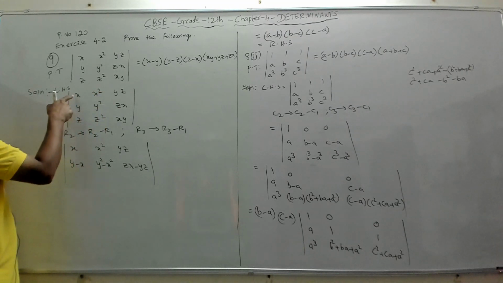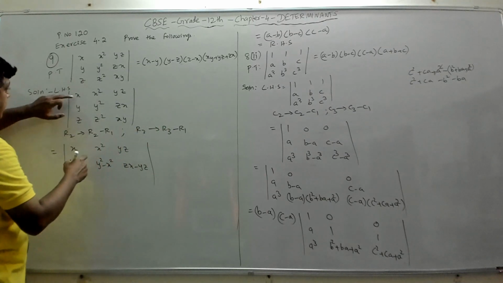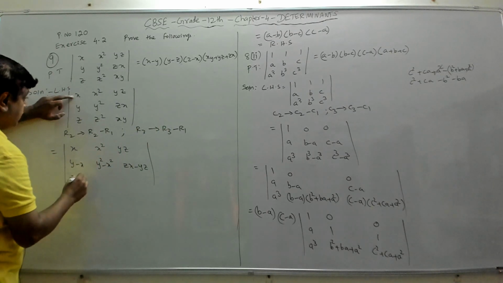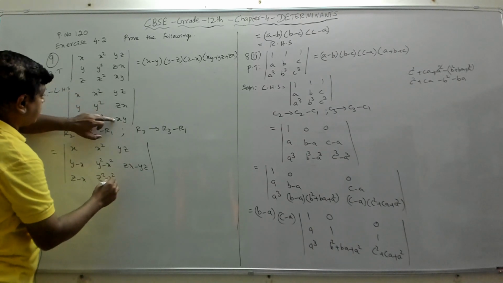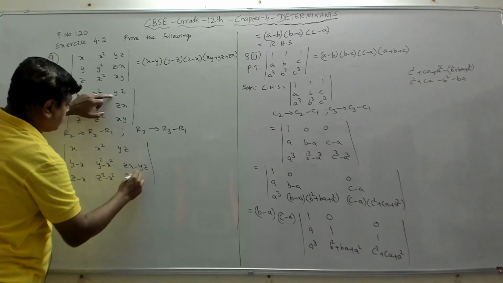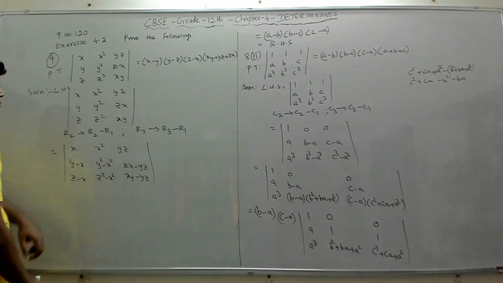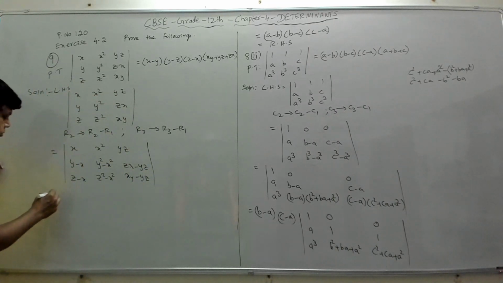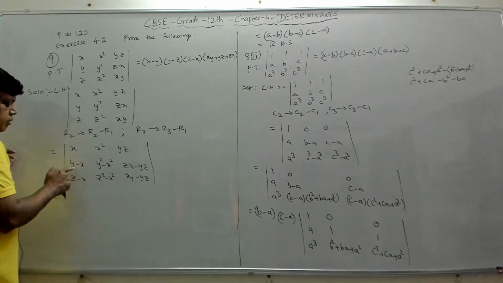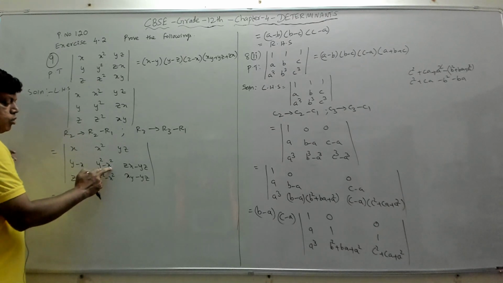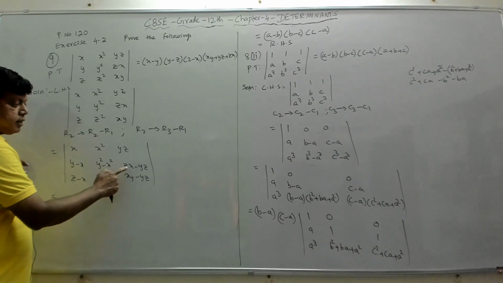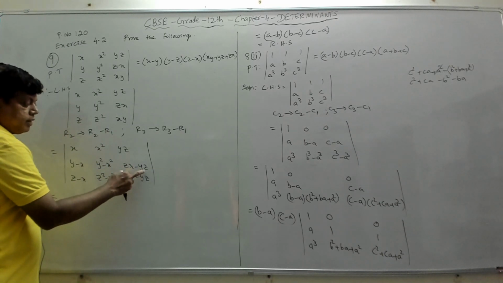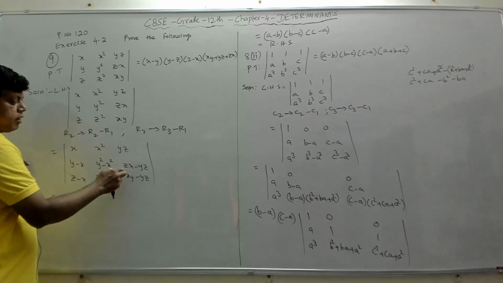Now again, R3 minus R1: z minus x, then z square minus x square, and xy minus yz. Now if you observe, you see y minus x is here. Here also y square minus x square can be written as y minus x into y plus x. Here I can take minus z common.